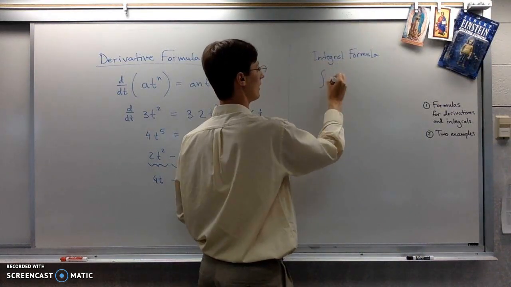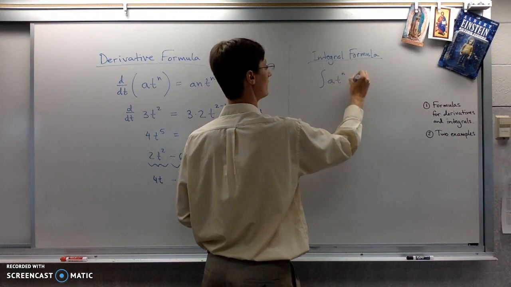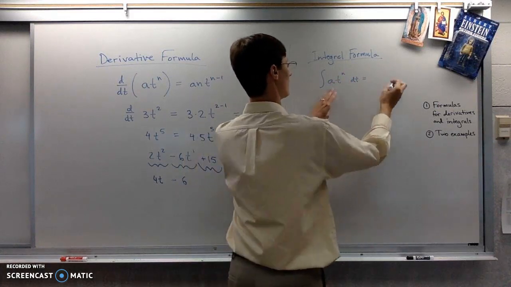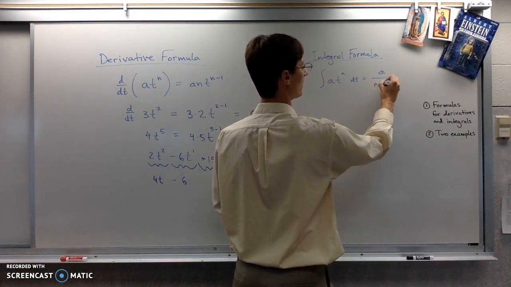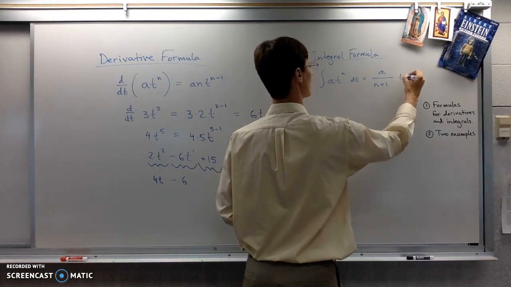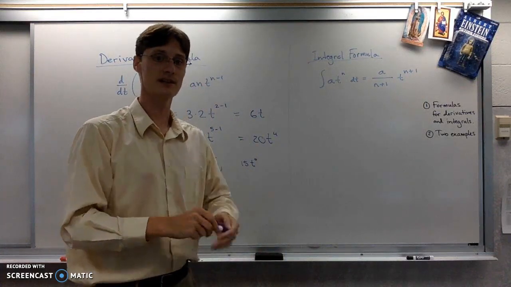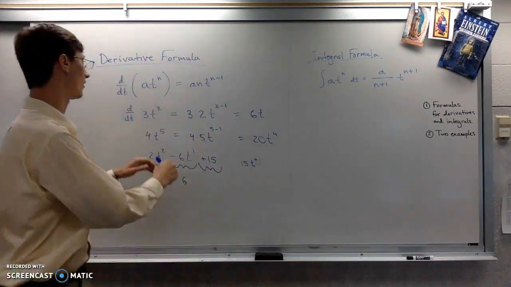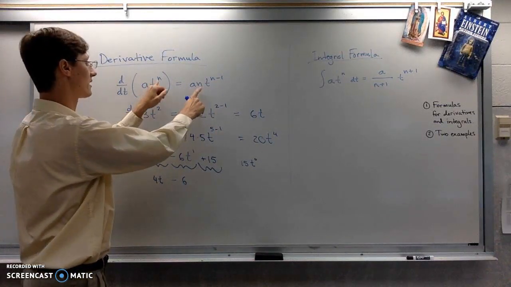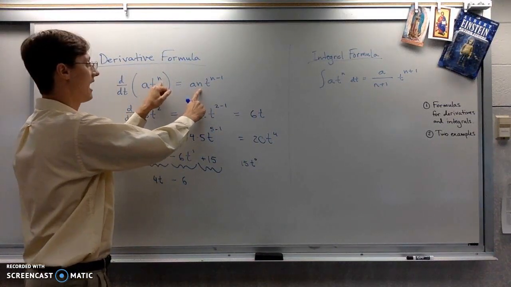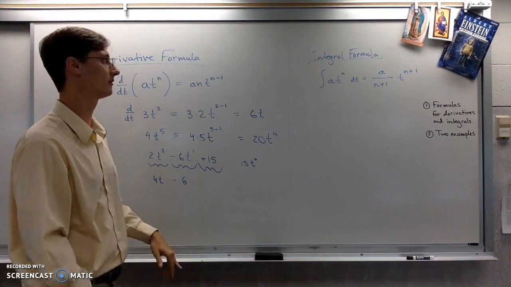The integral of something that looks like a t to the n is a over n plus 1 times t to the n plus 1. So it's the opposite of what we did over here. Over here we did, all right, coefficient times the old exponent, and the new exponent is 1 less than the original.